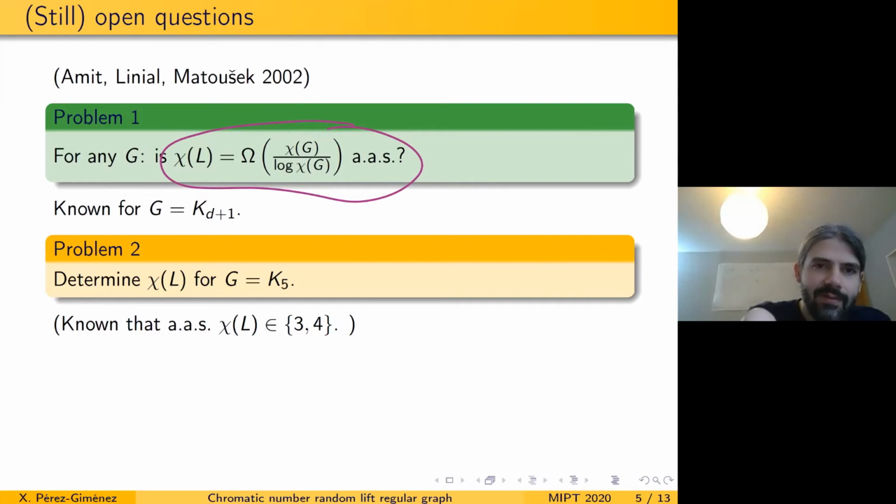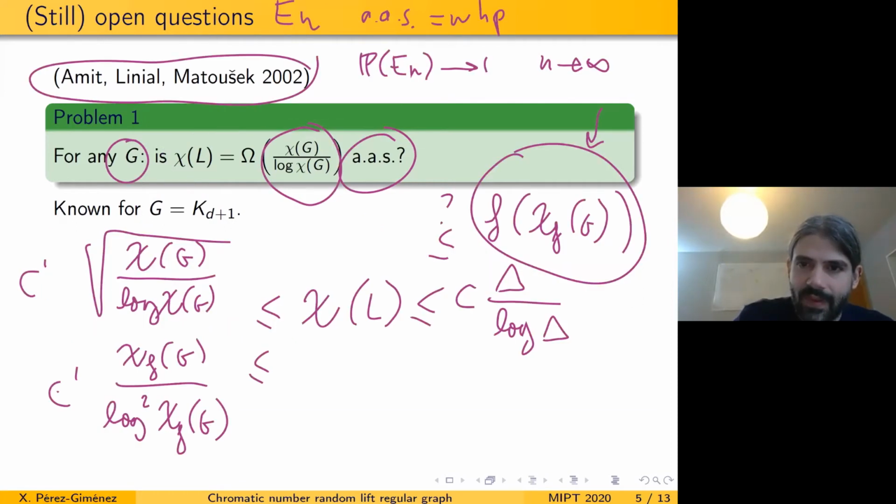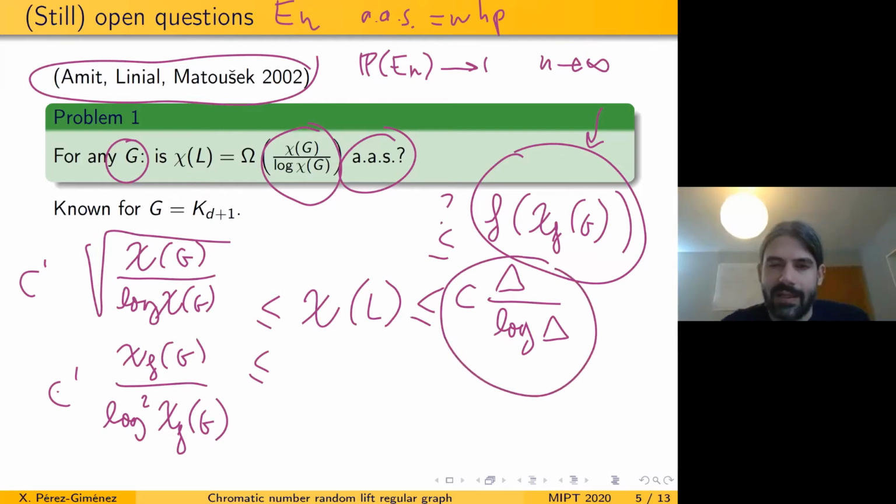And in fact, if you take G to be the complete graph on d+1 vertices, so the complete graph that's d-regular, then the upper bound and the lower bound coincide, if I go to the previous messy slide, because the chromatic number and the degree just differ by 1 for the complete graph.